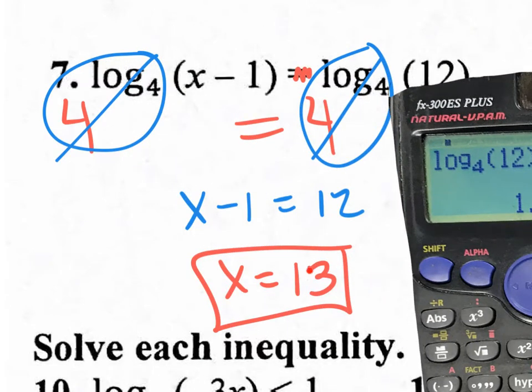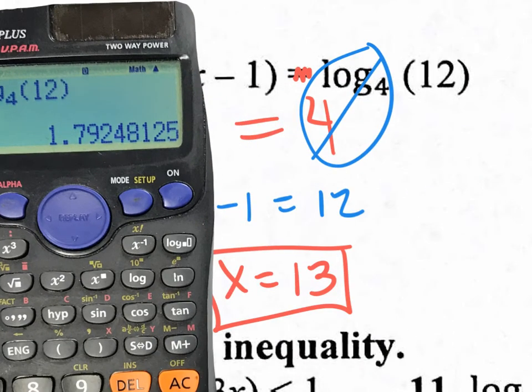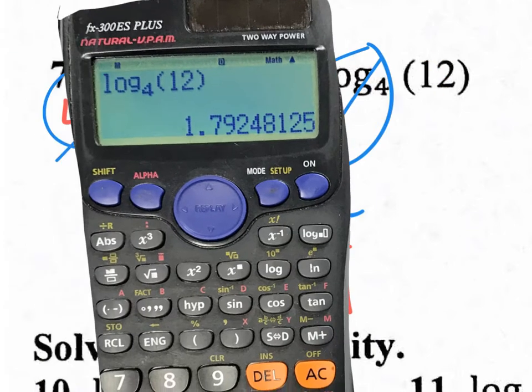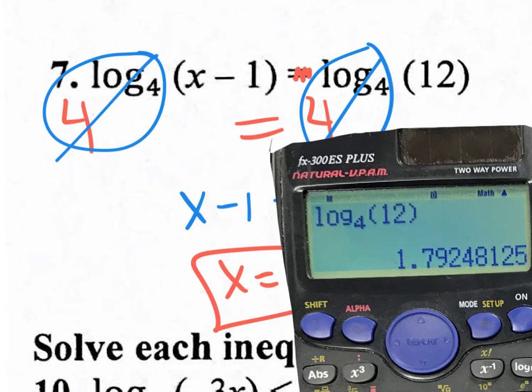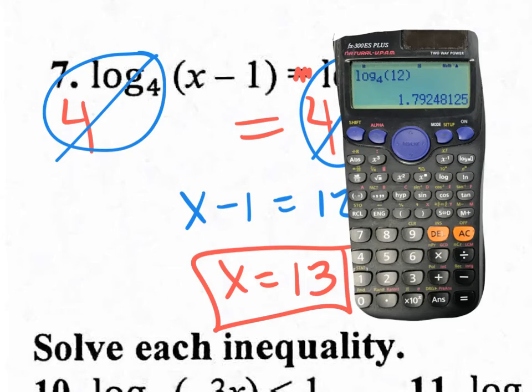Because my answer is 13, and 13 take away 1 is 12. So if I do log base 4 of 12 on the calculator and I get this answer, 1.79, blah, blah, blah, and then I try the log base 4 of 12 and get that same answer, then I know it's correct. Anyways, the calculator actually does these different bases.